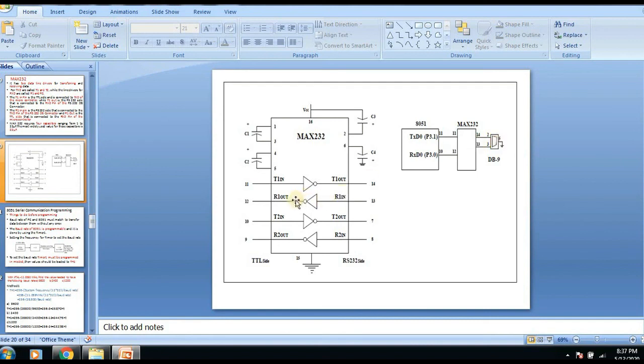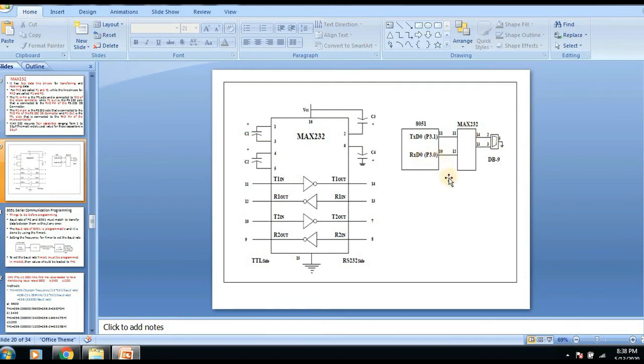Okay, similarly if we consider receive in, this is the RS-232 side, meaning this pin 13 is connected to the DB9 connector, and receive out is connected to RxD of the 8051.